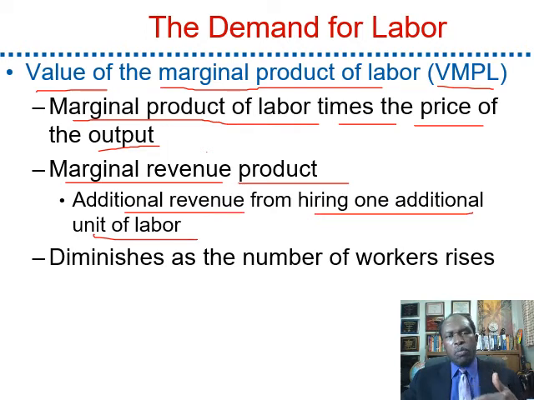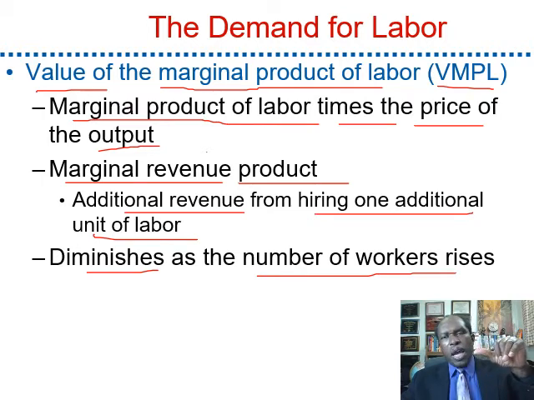This value of marginal product also obeys the law of diminishing returns, because as you hire more workers, the value of marginal product will decrease. Same thing with MPL. As you hire more workers, the marginal product of labor decreases. As you hire more workers, the value of marginal product also decreases.